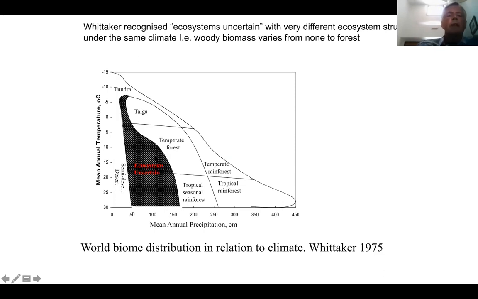The reason that the biome concept doesn't work in many of these areas is because of two other factors. Temperature and precipitation aren't the only things that affect the distribution and abundance of plants. Two other major factors that influence the distribution and abundance of plants, especially at these temperature precipitation combinations, are fire and grazing.